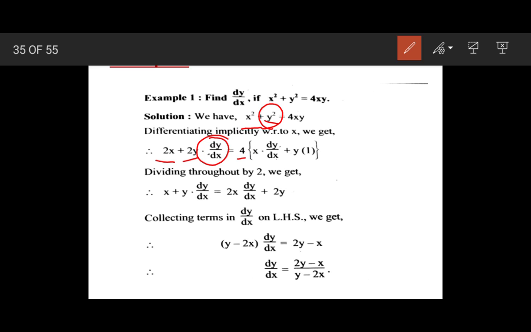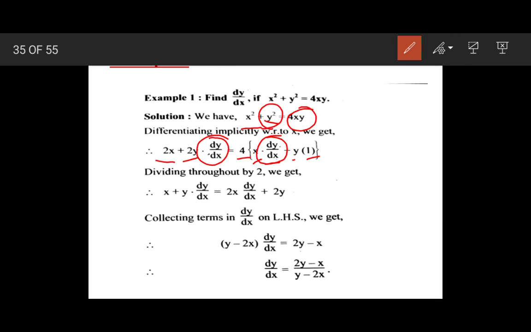That is equal to 4, which is constant. Now x into y means u into v rule. So 4 is common, then in the bracket x into derivative of y. Derivative of y is dy upon dx, then plus y into derivative of x. Derivative of x is 1.